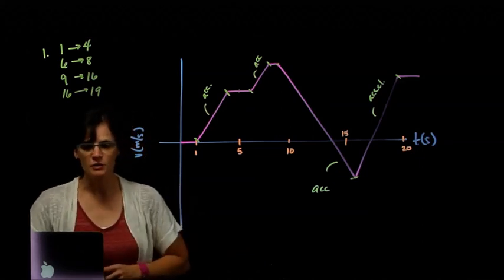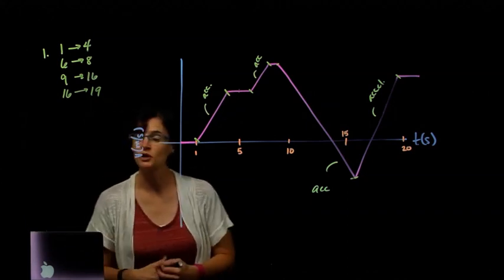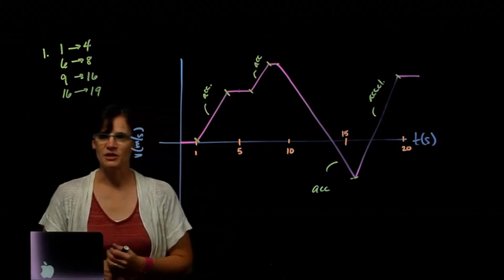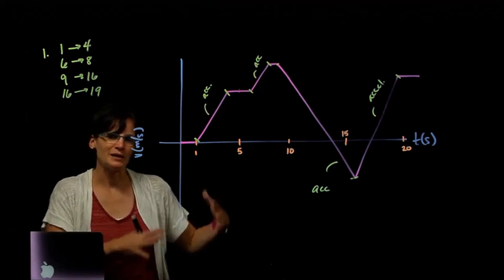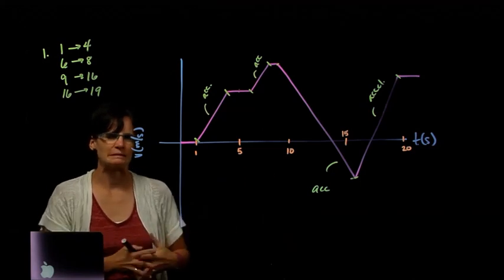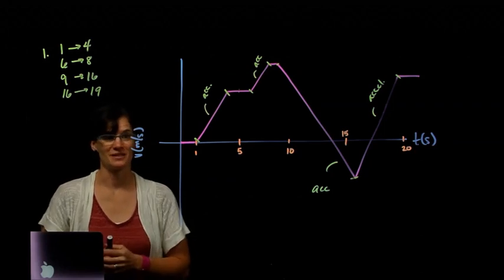Okay, question number 2 says, during which time or times is the object moving right of the origin? Right of the origin. That's position information. Physically located right of the origin. I can't get position information from a velocity versus time graph.